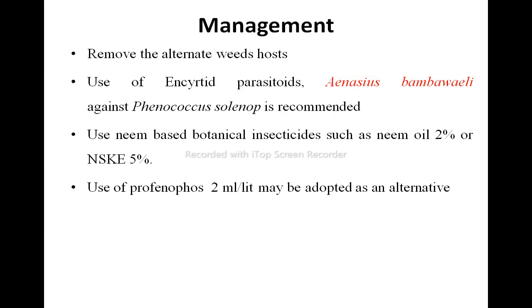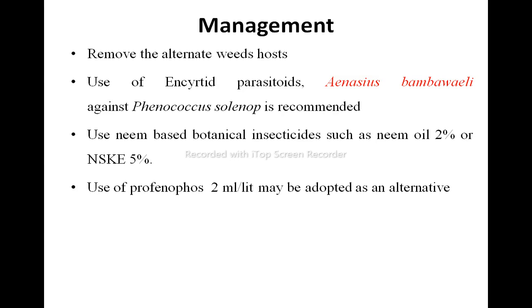Management. If you want to manage the mealybug, first we should remove the alternate weed hosts like Parthenium, Abutilon indicum, etc. from the cotton field. Second most important, the parasitoid that is used against the mealybug is Aenasius bambawalei.